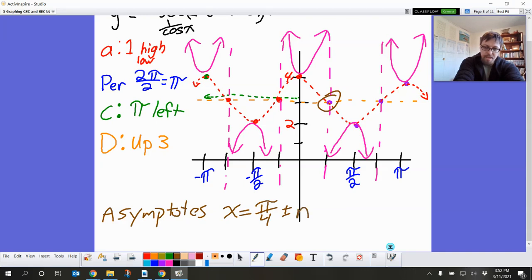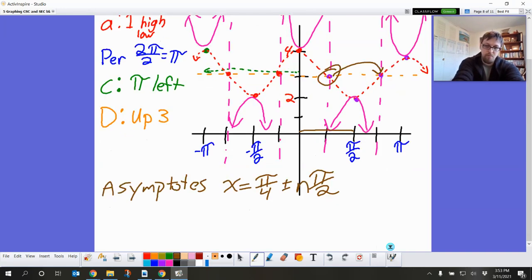Plus or minus n. How far do I have to go to get to my next one? Well, it seems to be 2 tick marks. And if I check right here, 2 tick marks seems to be pi over 2. Cool. Pi over 2. First one, and then how far do you have to go? What's our domain?